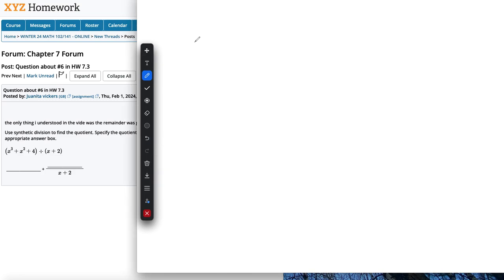I'll make up one more here. Let's say I had x minus 3 into x cubed minus 4x squared plus x minus 5, just to make something up. So I could do this long division way, but synthetic is so much easier once you get the hang of it, so I'm going to do it that way.